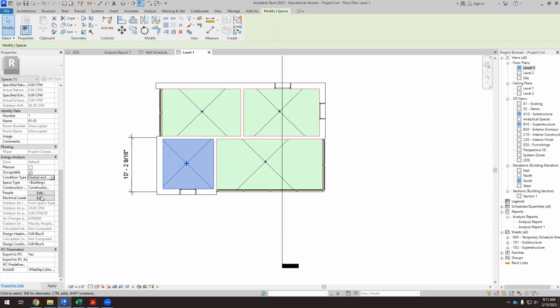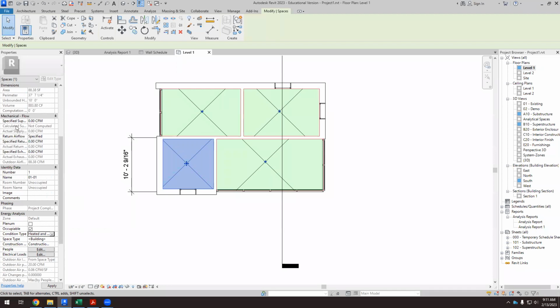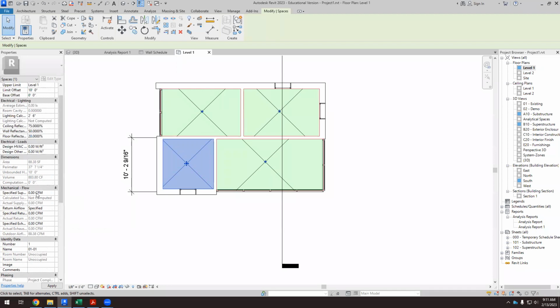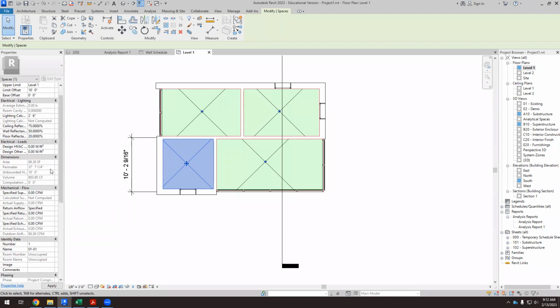The space type, the electric loads, design heating. So here we don't have a way to specify the system. So Revit does something. So it considers a 60% heat recovery, I think, because it's something, it's common sense.